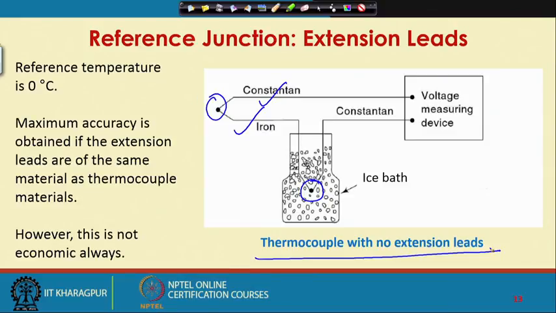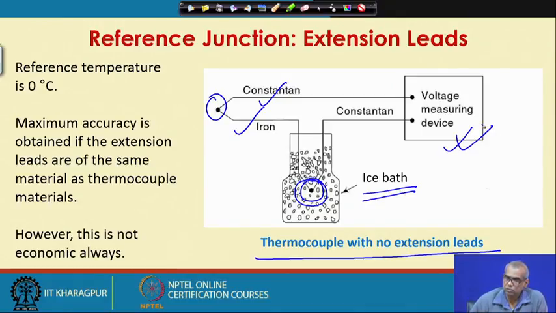So, maximum accuracy is obtained if the extension leads are of the same material as thermocouple materials. So, we just keep the junction at 0 degree Celsius using ice bath, and the millivolt produced will be taken as a measure of the junction temperature. Here we have not used any extension lead made of metals other than constantan and iron.